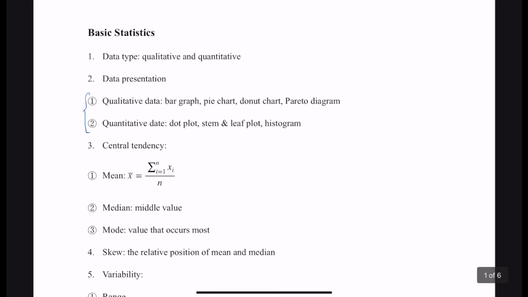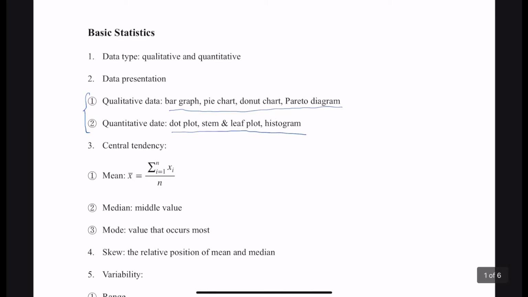You have to pay attention that qualitative data and quantitative data are completely different in their definition. So therefore they have different ways of presentation. I list a lot of graphs and charts here.